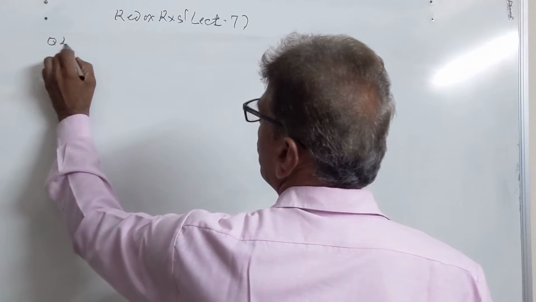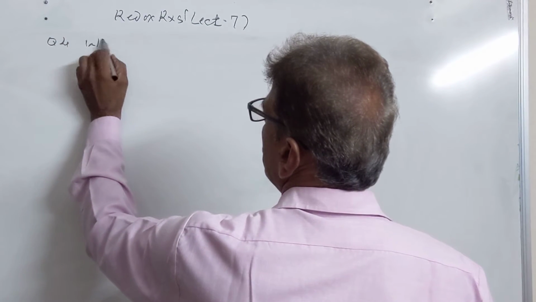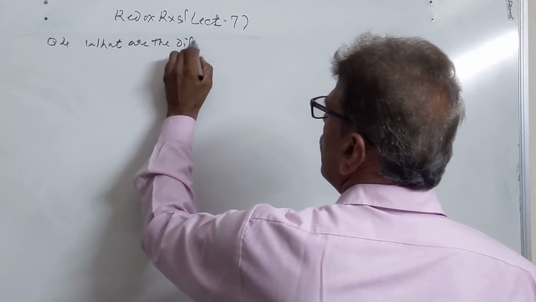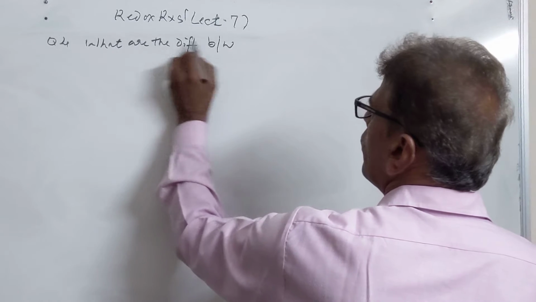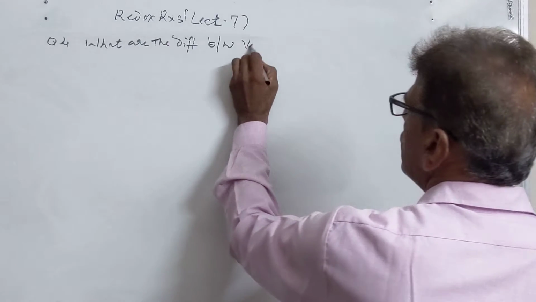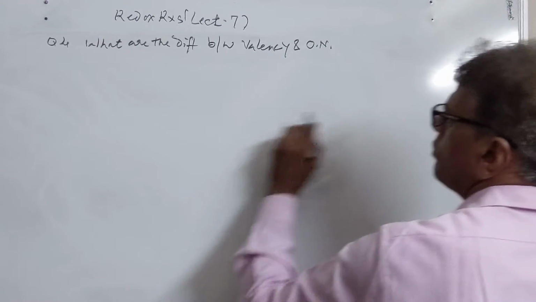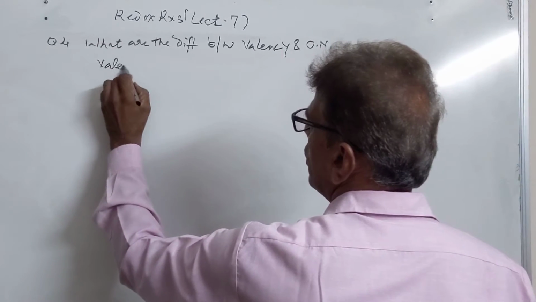Question number 4 is, what is the difference between valency and oxidation number? So we'll be explaining this difference through columns.